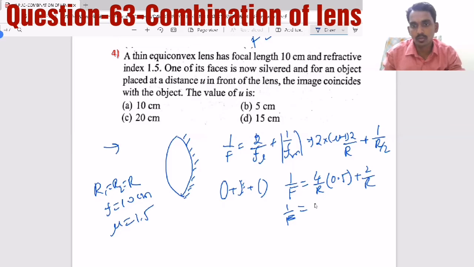This is 2 by R plus 2 by R equals 4 by R. Now the focal length will become R by 4.